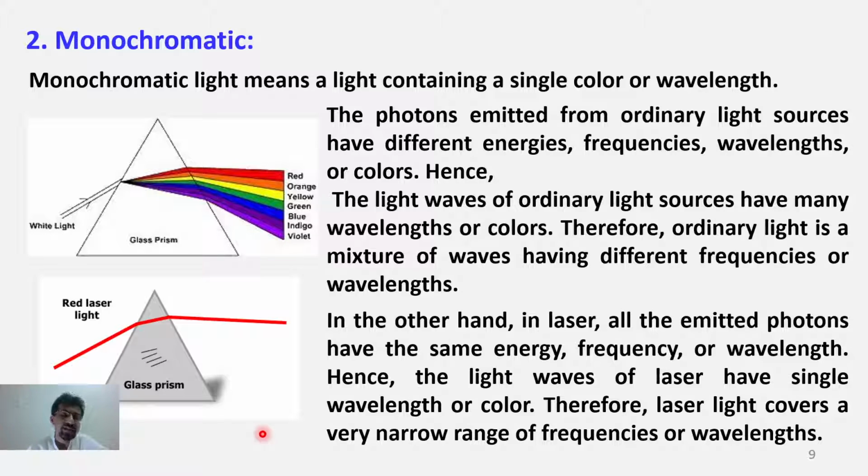So from that we can say that the emitted beam from the glass prism is a single color having a single wavelength. So we can say that laser light is monochromatic.